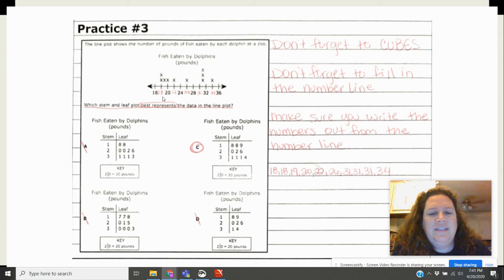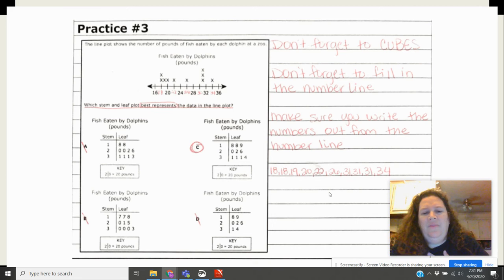So as you can see, we labeled the number line 18, 22, 26, 30, and 34, okay? But there's spaces in between, so you've got to know what numbers are between 18 and 20, agreed? So notice there's 18, 18, 19, 20, 22, 26, 31, 31, 31, and 34.